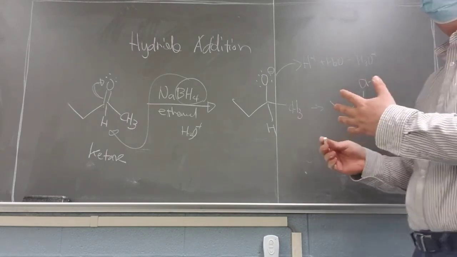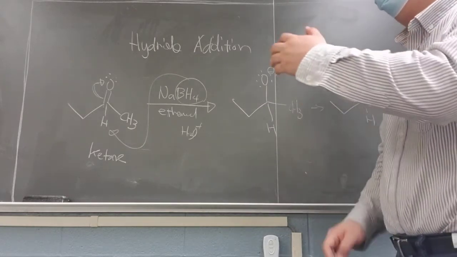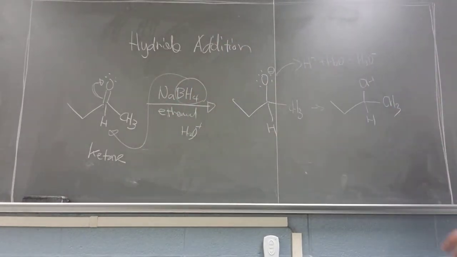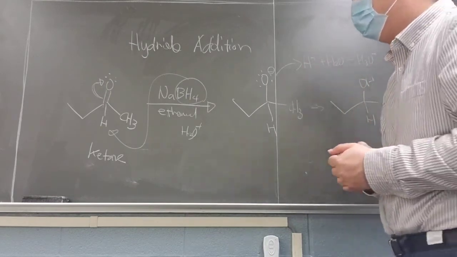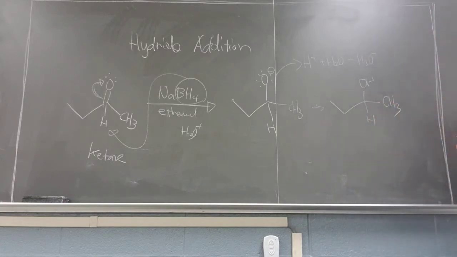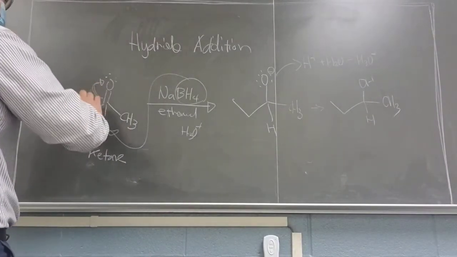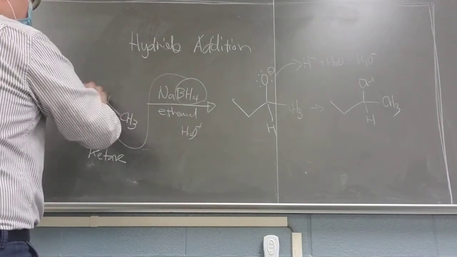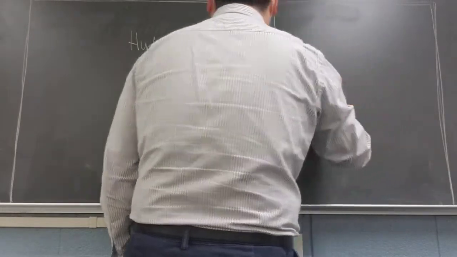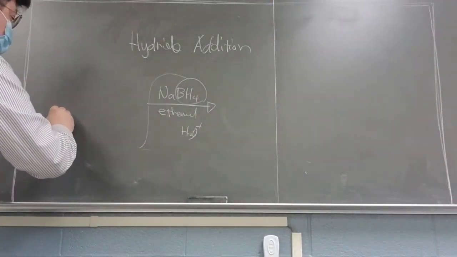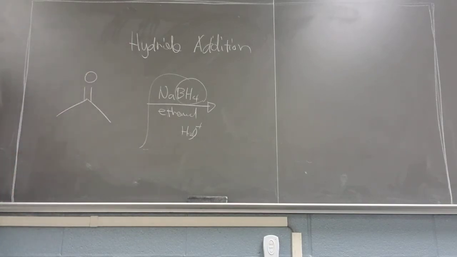So the only difference is that you get either a primary or secondary alcohol from the aldehyde or the ketone when you have addition of the hydride from the borohydride. This is a way you can get some alcohols. Try to do this one. We can try this one real quick and then we'll move on.